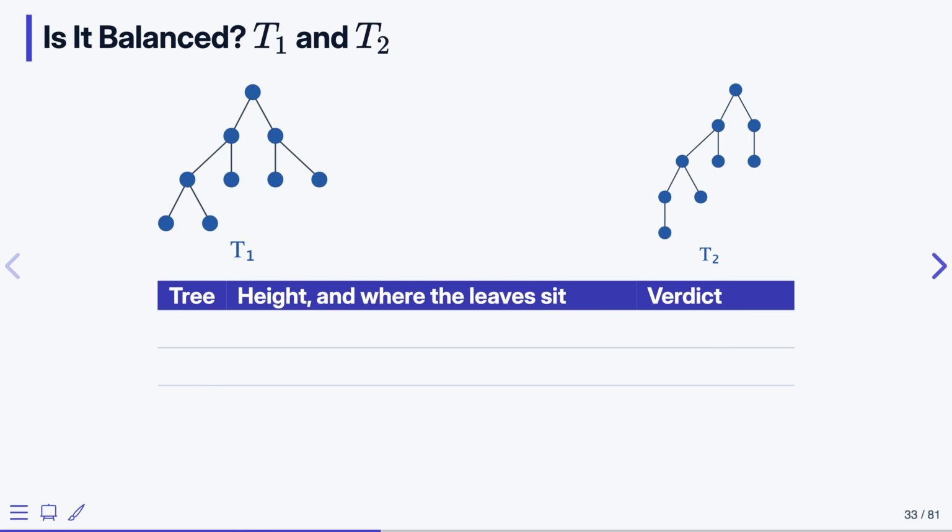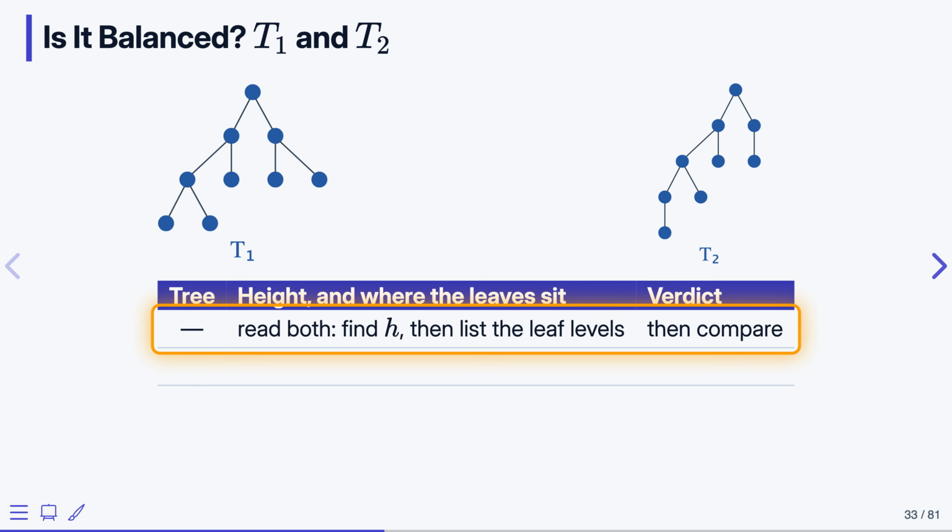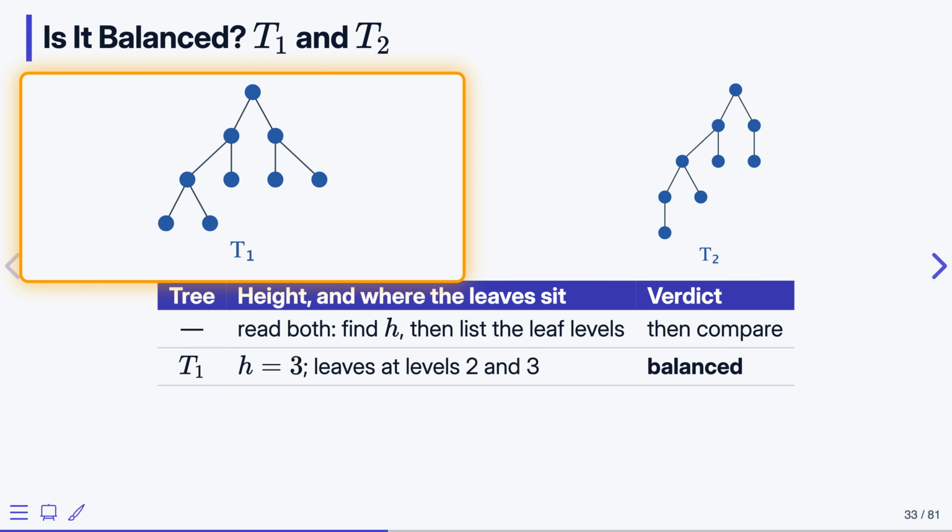2 trees and the same method for both. Find the height first, then list the level of every leaf. Step 0. Read both pictures. Start with T1. Its deepest dot is at level 3, so the height is 3. Now the leaves. Some sit at level 3 and some at level 2.